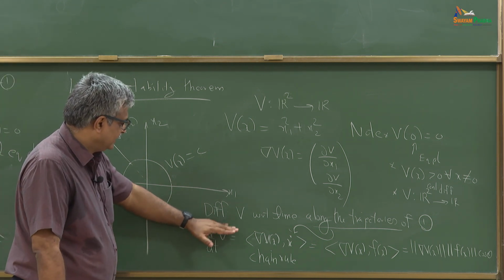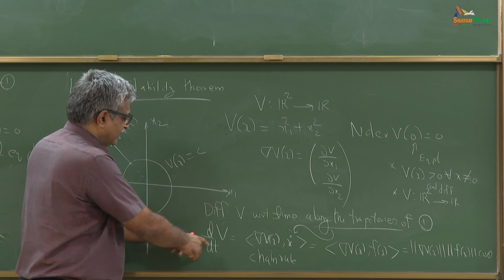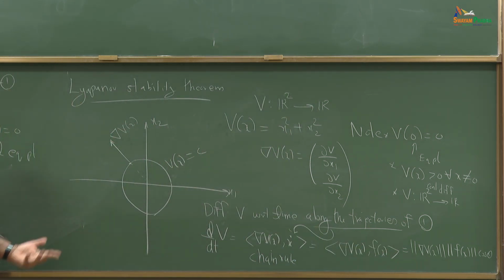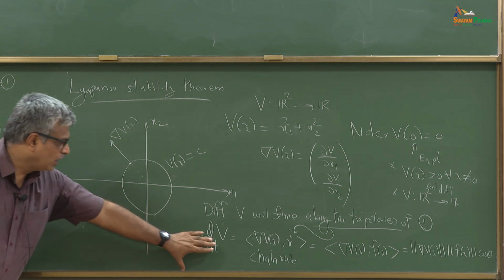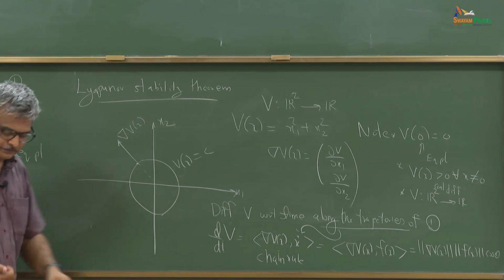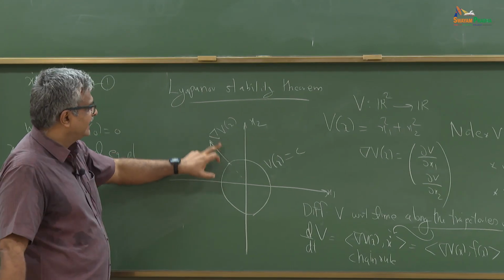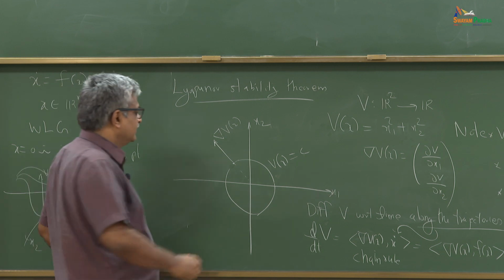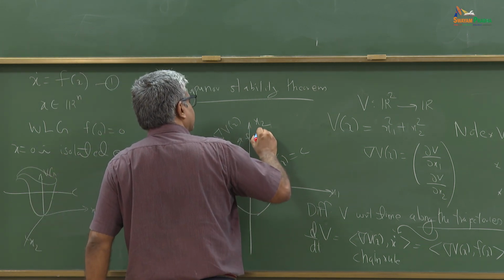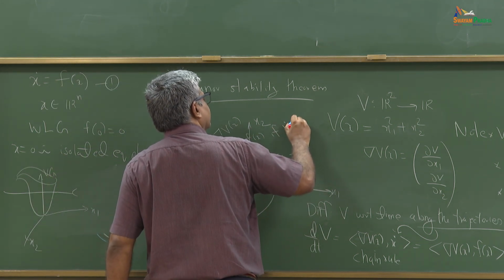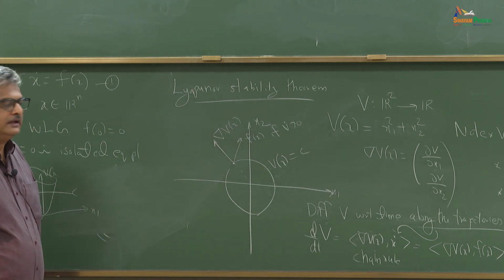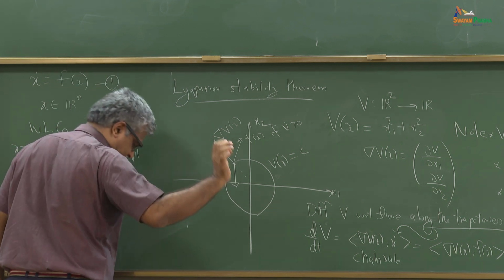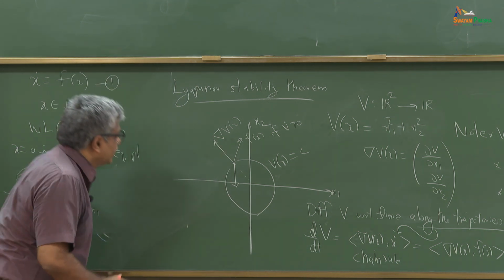Now suppose you have constructed this function, you did this inner product, and suppose it happens to be positive. That means this V dot happens to be positive. What does that mean? It means the angle between the gradient and f of x at this point is an acute angle. If the angle is obtuse, what does that mean?